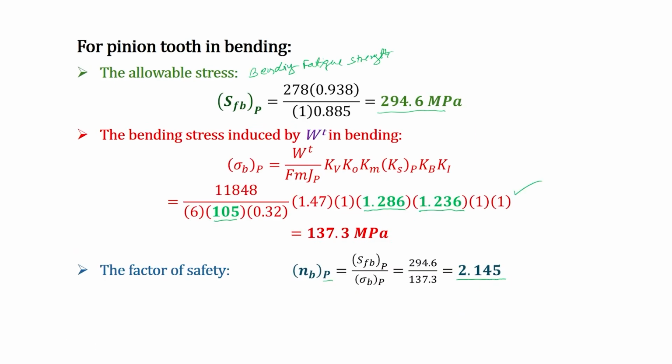In a similar way, if we see the factor of safety against bending for the case of the pinion, it is 2.145, and the required one is 2, and so it is slightly more. So, it can be accepted, or if we want to make it equal to 2, then either we can decrease the strength or increase the stress.